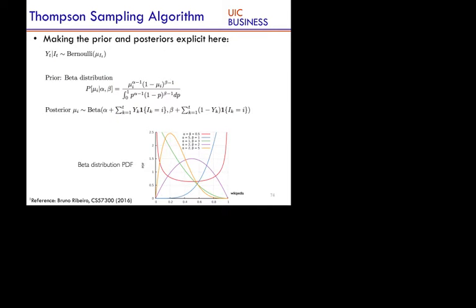So just making the prior and posterior part clear, we'll not go into too much depth on this particular algorithm, but here is a recap of some of this that you might have already seen. If you pick an arm I subscript t, which is what we picked at round t, then the Bernoulli random variable, let's call it y subscript t, has a mean of nu subscript I t.